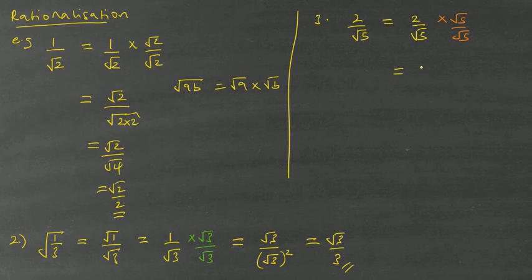This will give you 2 root 5 in the numerator over the square of this, which gives us 2 root 5 over 5. So you see at the end we don't have any surd in the denominator.